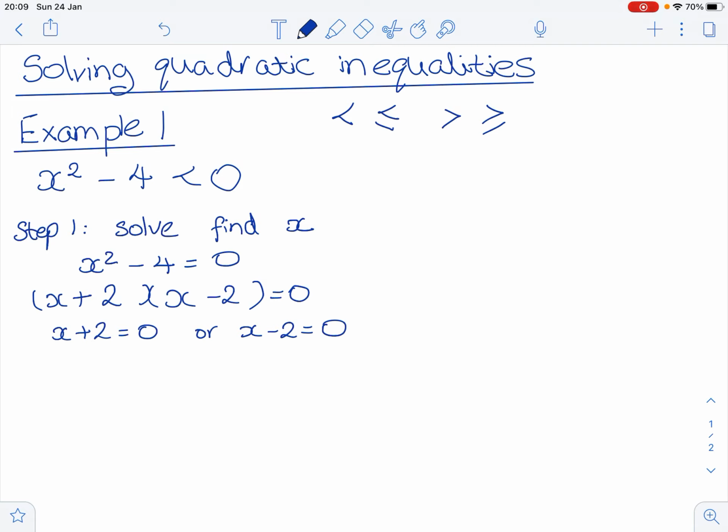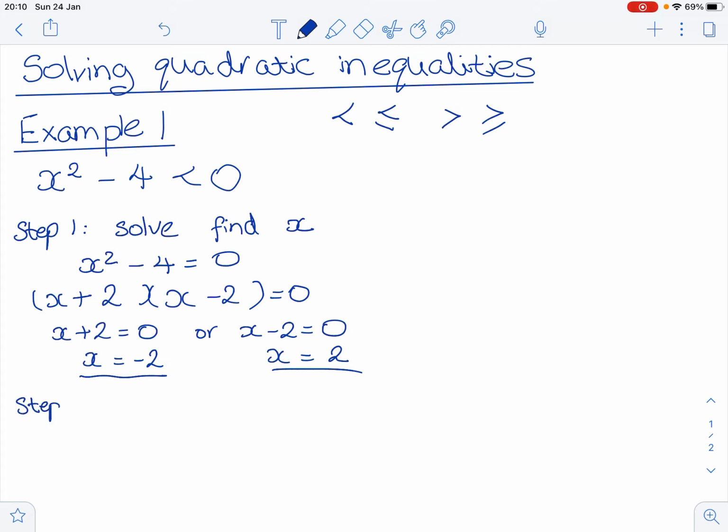So x could either be minus 2 or x is equal to 2. Those are where the graph intersects the x-axis. So the x values are where it crosses the x-axis.